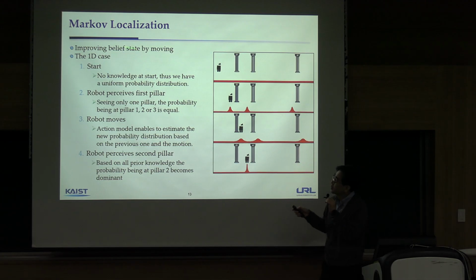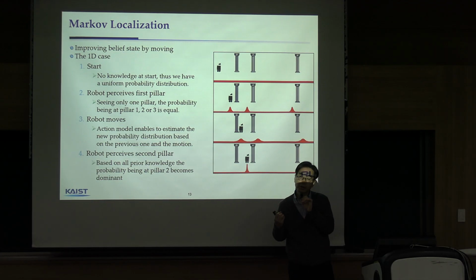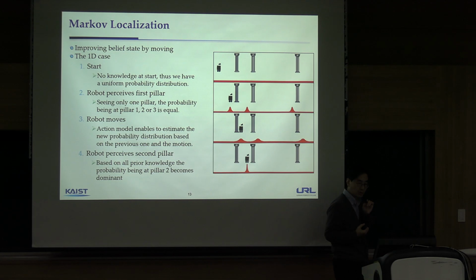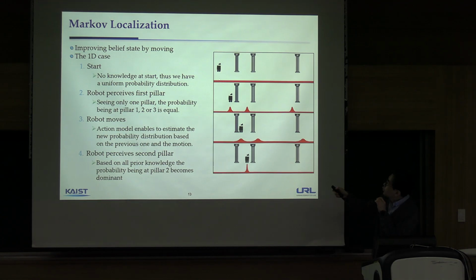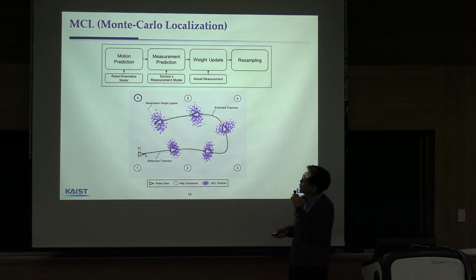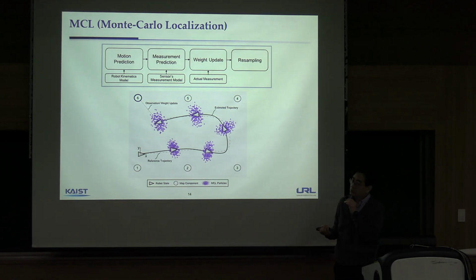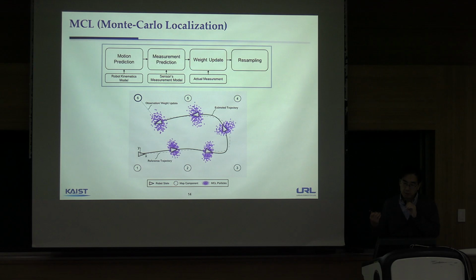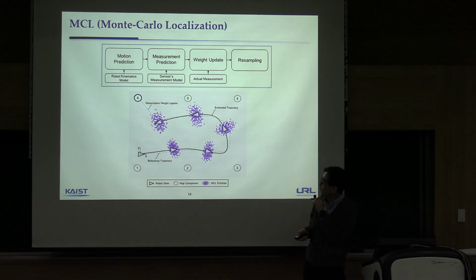But Markov localization is not easy to handle because we need a lot of computation time, since we have to update all the probabilities around all the positions. It is computationally very, very consuming. So to approximate this Markov localization, we can introduce Monte Carlo localization.